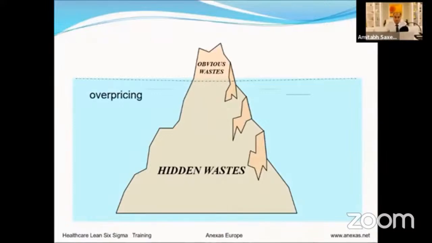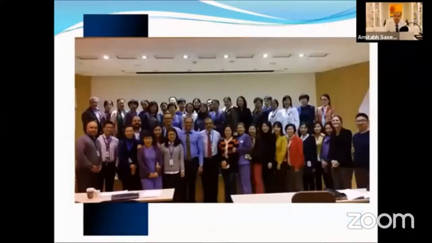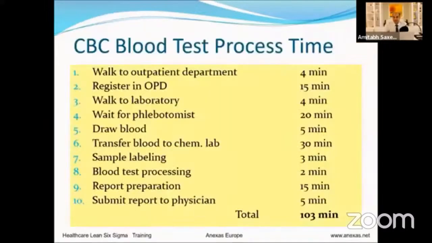So some of the wastes are obvious, but some of the wastes are not obvious. Like overpricing, overtime, overstaffing. These are all hidden wastes. Taking an example from one of the Beijing hospitals where we did this exercise, we mapped the blood test process. Now, let us identify which is value-added and which is non-value-added activity.